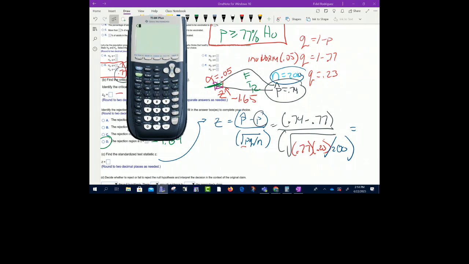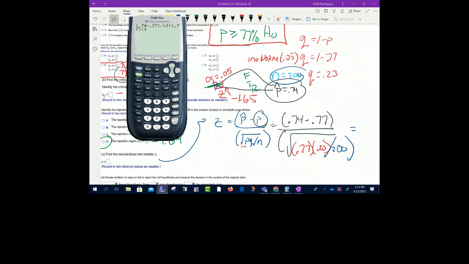So look, let's go parentheses. 0.74 minus 0.77, close it off, divided by parentheses again. Now we got a big old square root. So let's type in a big old square root. There it is. And in parentheses, 0.77, close them off.